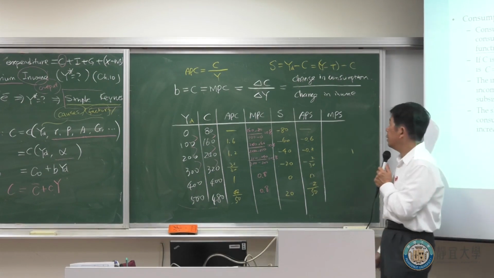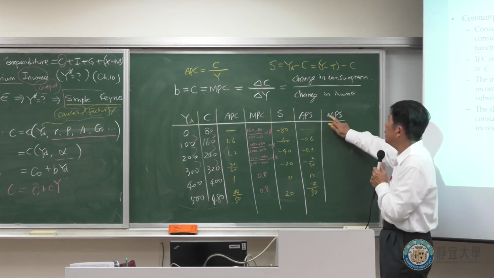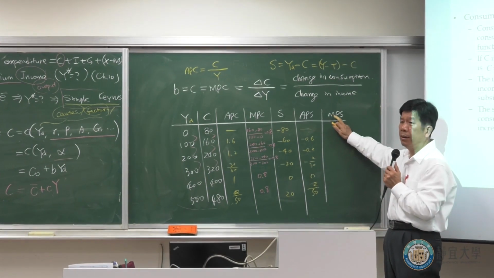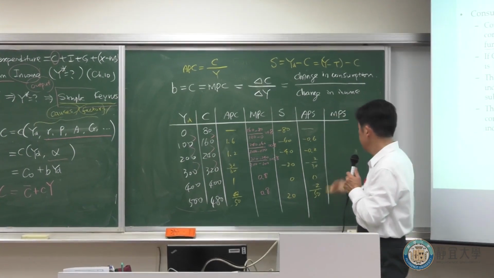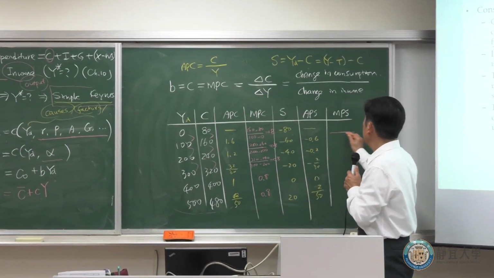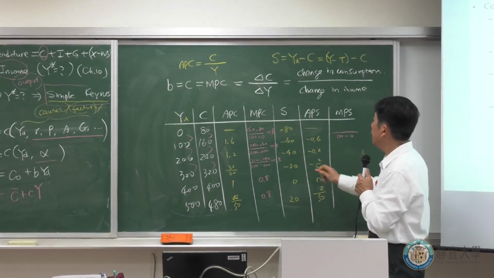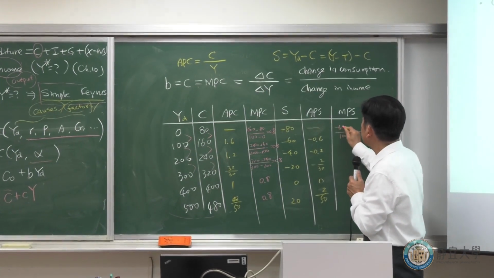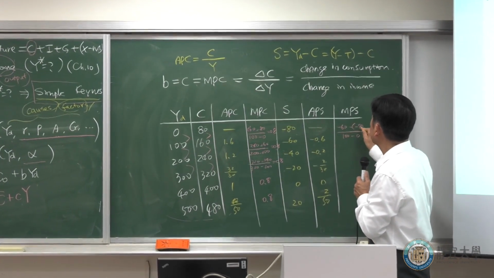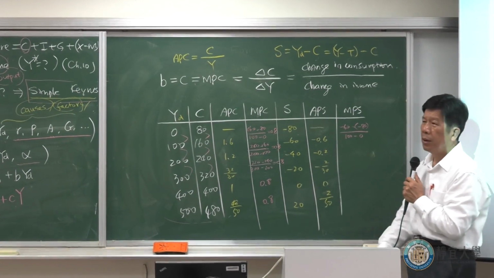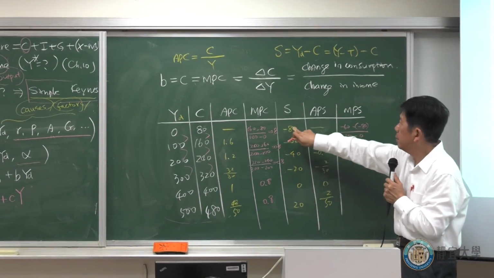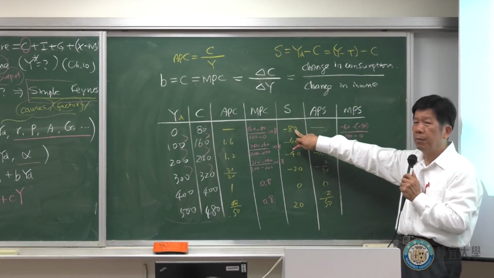And after that, you also can try to find the MPS. Okay, MPS, you can see 100 minus 0, and this one minus 60 minus 80. Okay, this one minus this one.